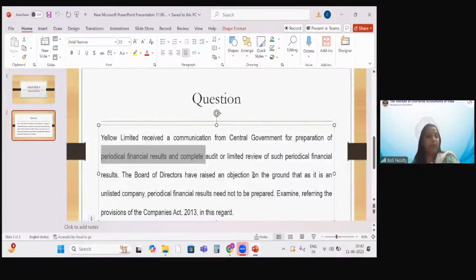Then you come to the conclusion. Therefore, the objection raised by the board of directors is not valid, as the section categorically provides that even an unlisted company can be asked to prepare the periodical financial results and complete audit or limited review. So this is how you have to write the answer.